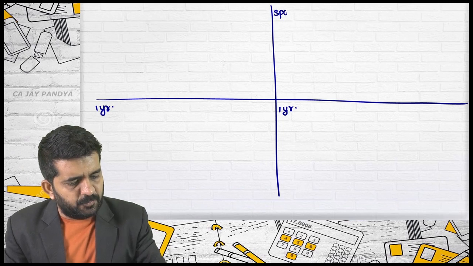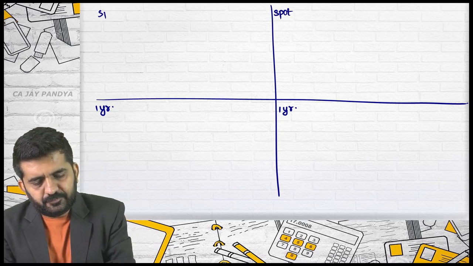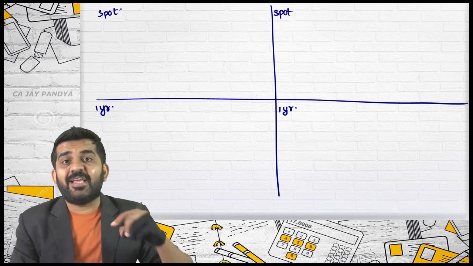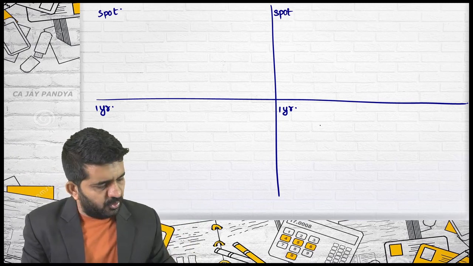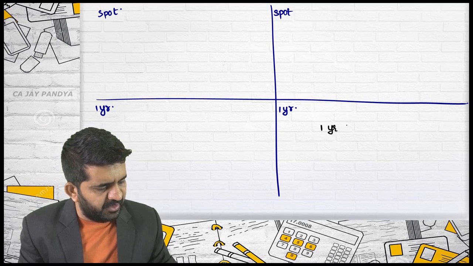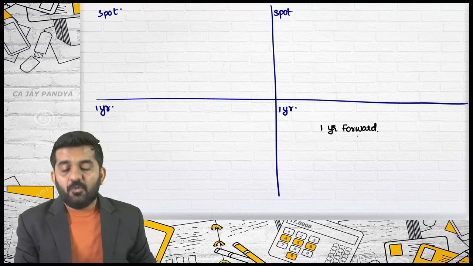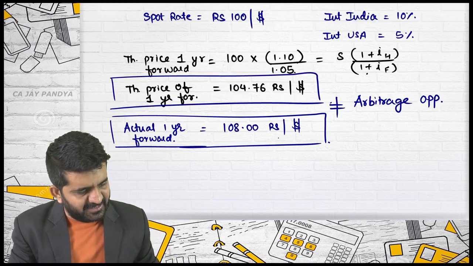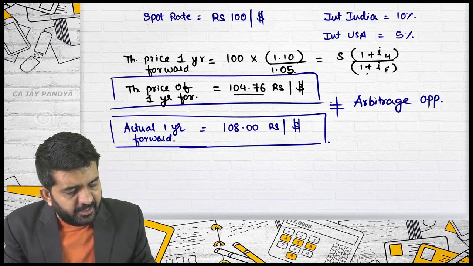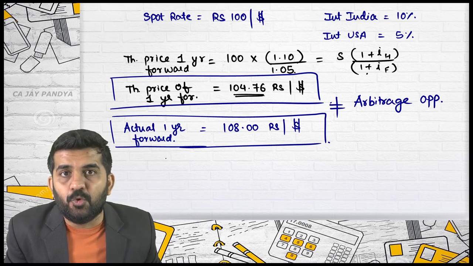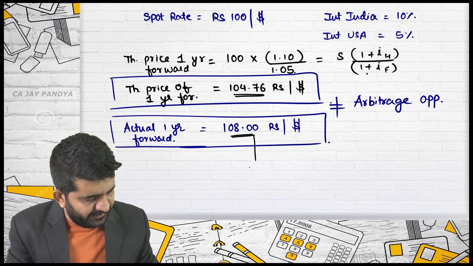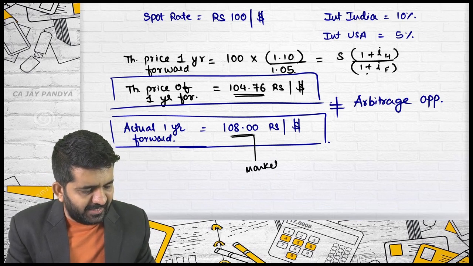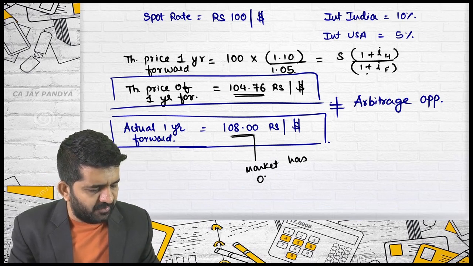This is a position after 1 year. This is a spot position. As I have explained to you in derivatives also, what we are talking about is 1 year forward. This is our underlying asset. 1 year forward. See both the prices. It should be 104. It is 108. Market has overvalued.